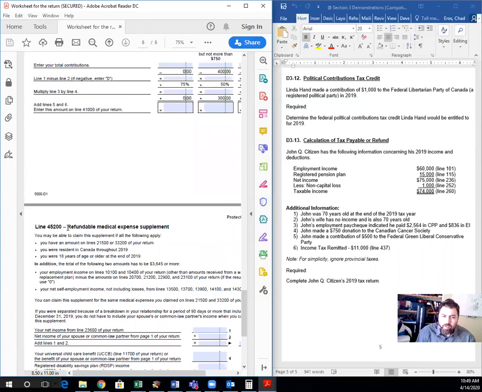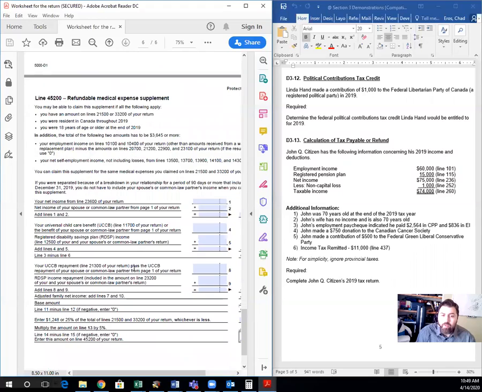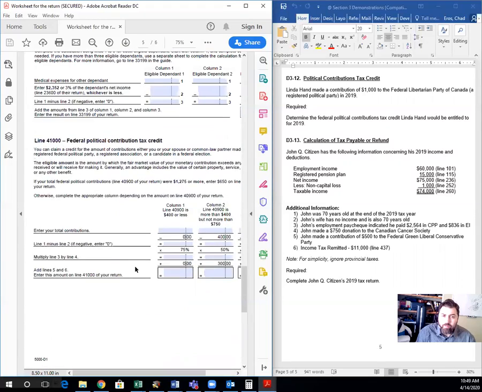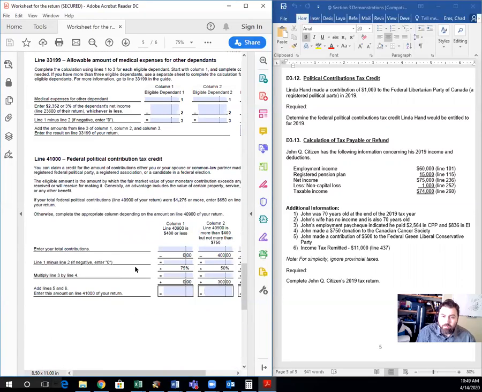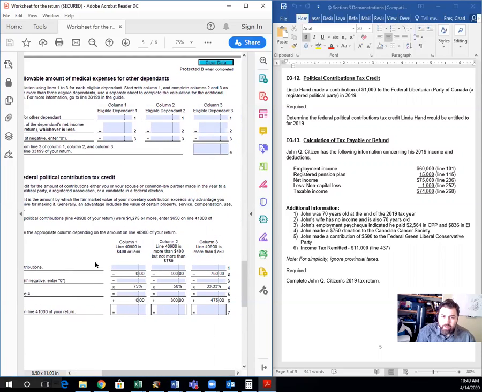We talked about this amount, but we didn't cover it in detail: an additional medical expense amount for lower income individuals. So there are brackets here in our federal political contribution tax credit.